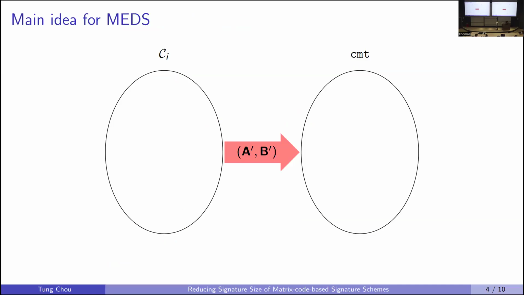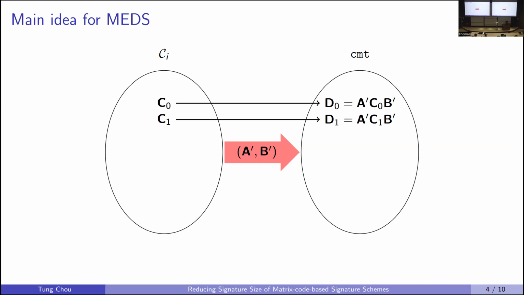Now I can already talk about the main idea in our paper for MEDS. The response is always going to be an asymmetry between the code C0 or C1 and the commitment. If you consider the individual codewords, it's going to be something like this: you have some C0 mapping to D0, some C1 mapping to D1.